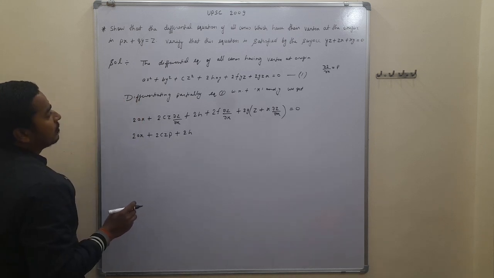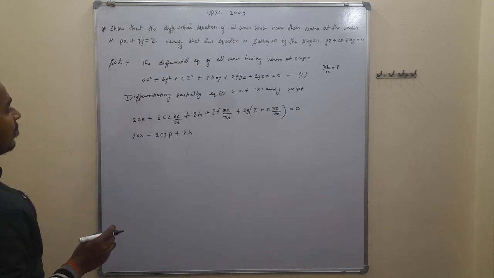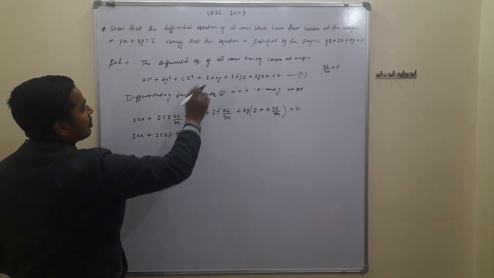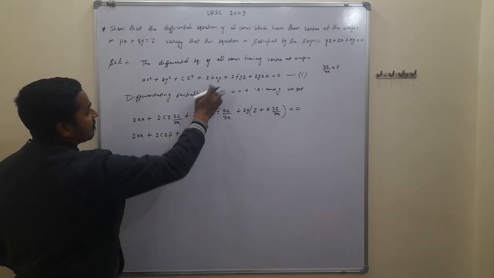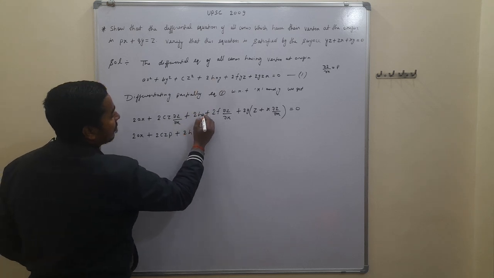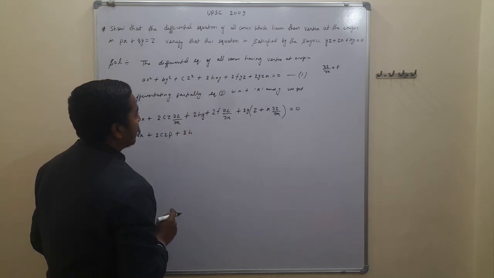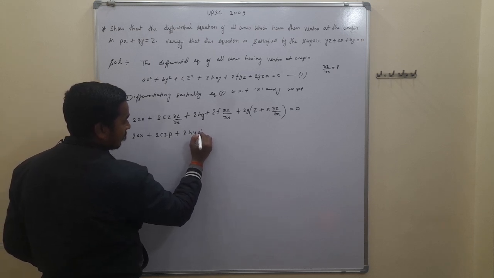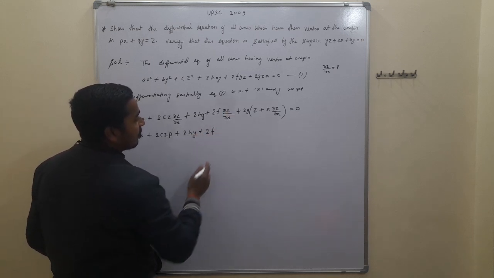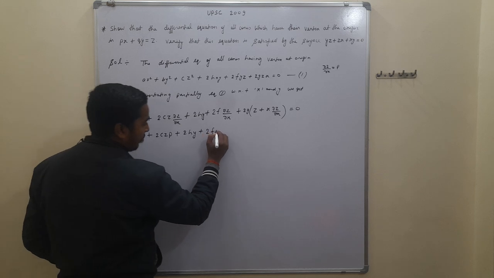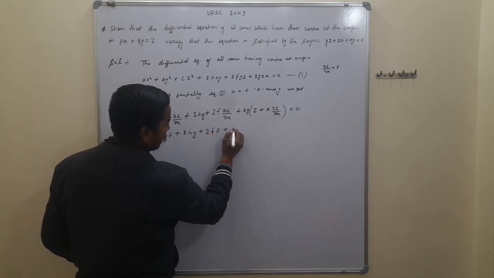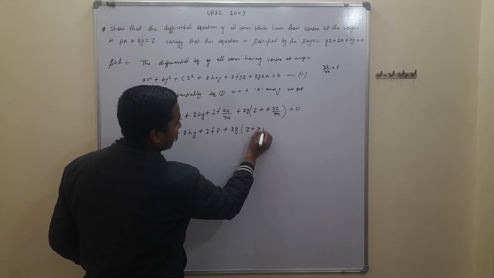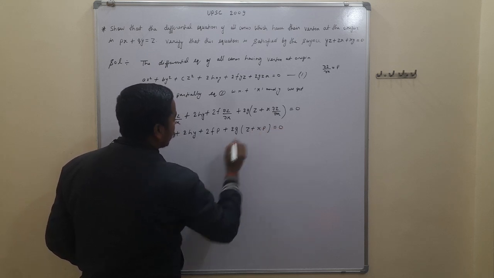2hy. Once again differentiating 2hxy with respect to x, this gives 2hy, plus 2f, in place of del z upon del x we put p, plus 2g, and here z plus xp is equal to 0.